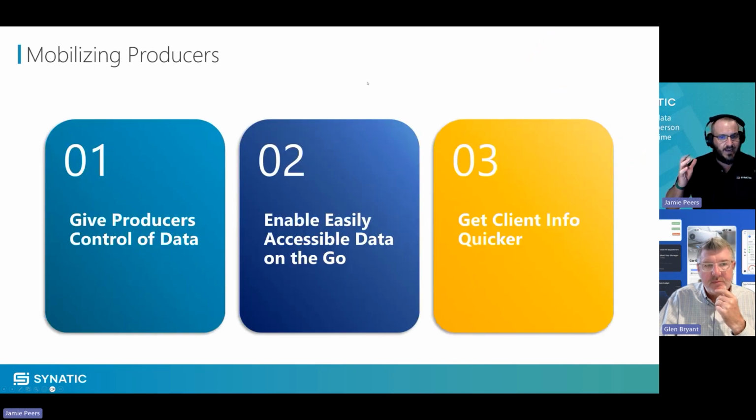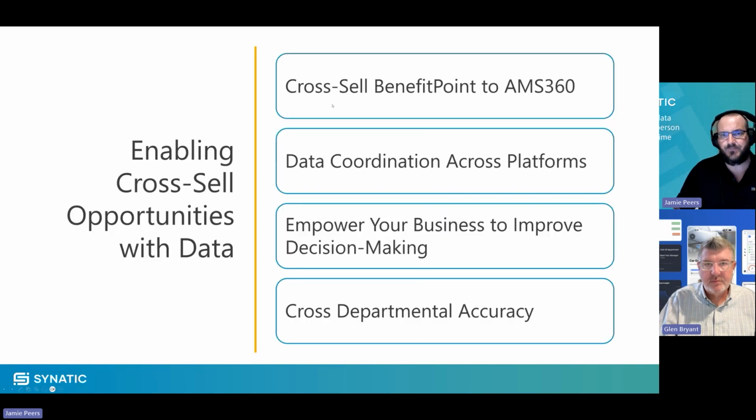What we focus on is enabling you to get easy access to data, get the producers to have access to address books, phone numbers in the palm of their hand, be able to create new customers on the fly, create new contacts, and check out what policies and what data sits inside your Benefit Point.